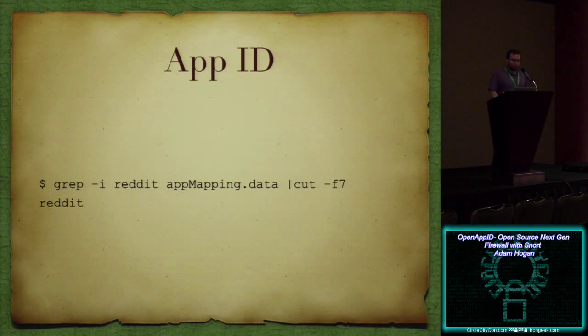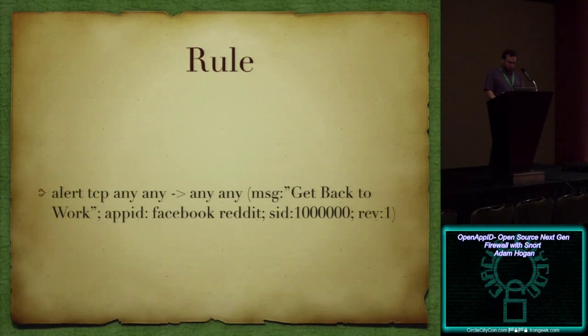So the first thing we do is look at this appMapping.data file that's included. And it just matches up. There's a long name for the application, a short name for the application, and a number for each application. We want to use the long name to find the short name, right? That short name is what we're going to embed in a Snort rule. Now let me find that.